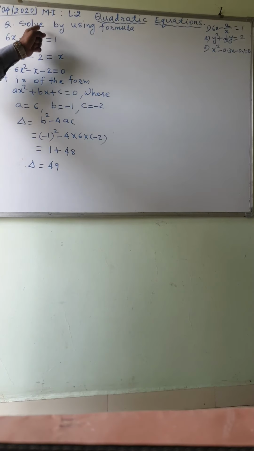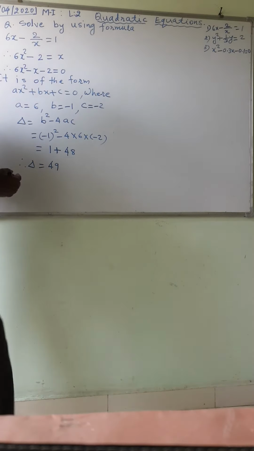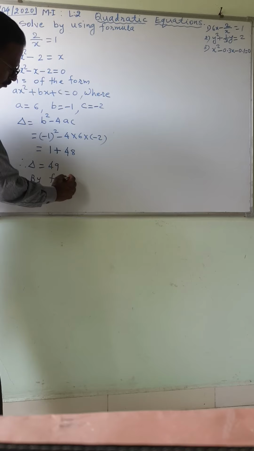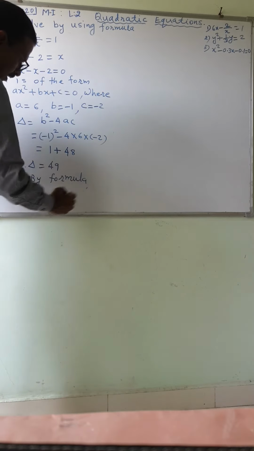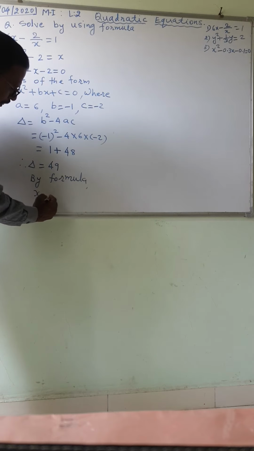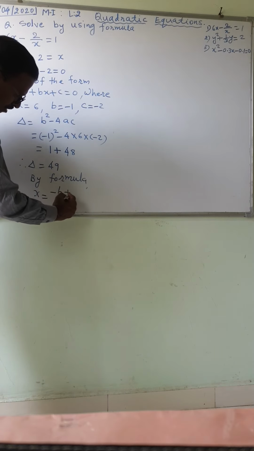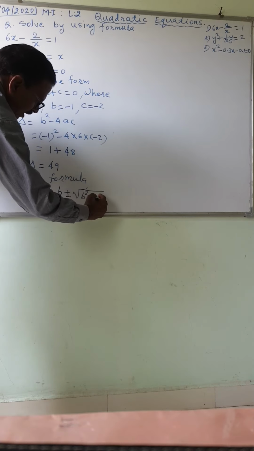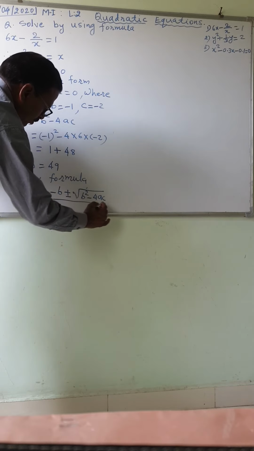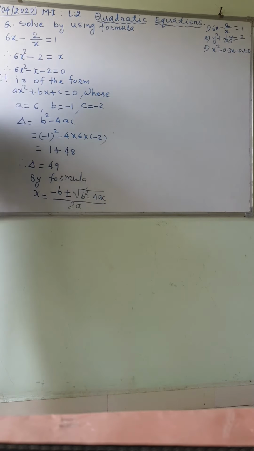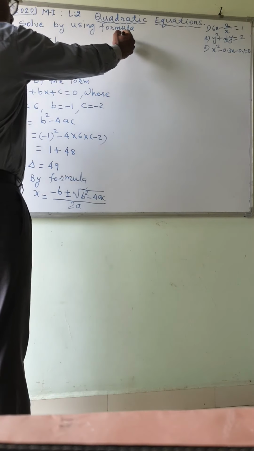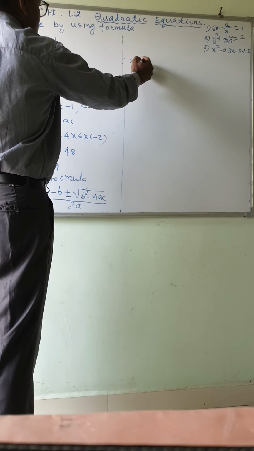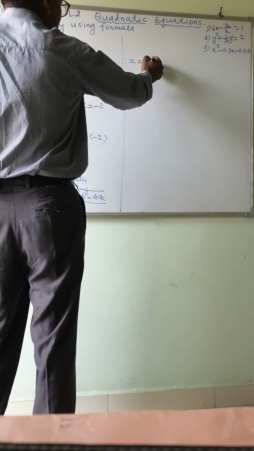Now the question reads, solve by using formula. What is that formula? By formula, x is equal to minus b plus or minus root of b square minus 4ac upon 2a. This is the formula. Therefore, x equal to minus b.